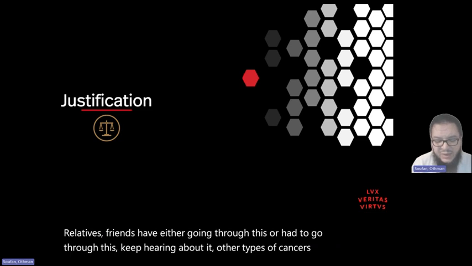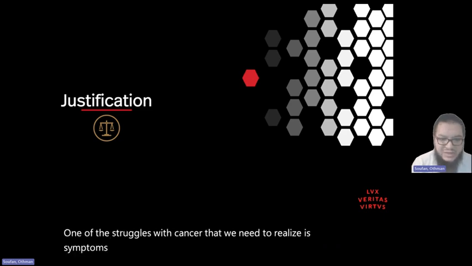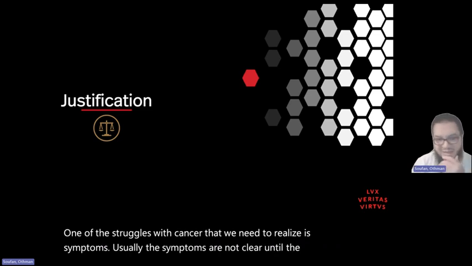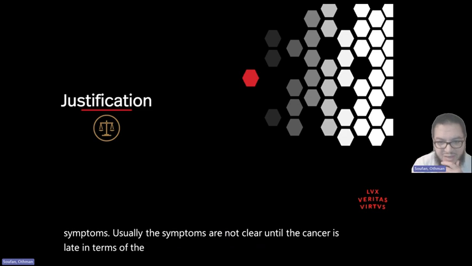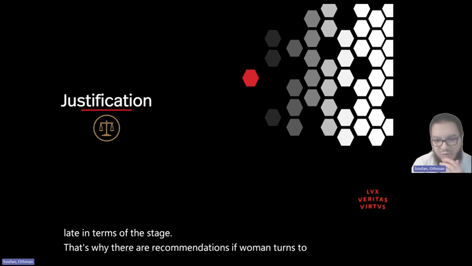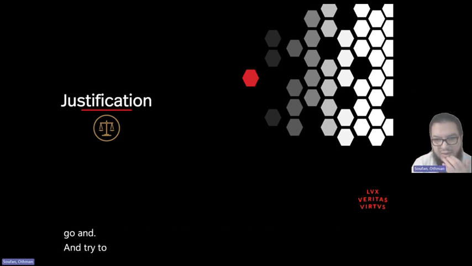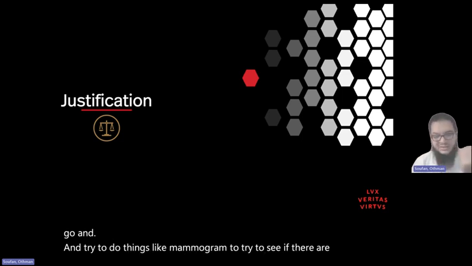cancers. One of the struggles with cancer that we need to realize is symptoms. Usually the symptoms are not clear until the cancer is late in terms of the stage. That's why there are recommendations. If a woman turns 40, they go and do things like a mammogram to see if there are any tumors.